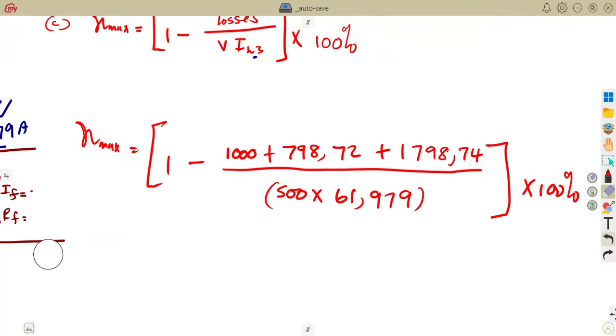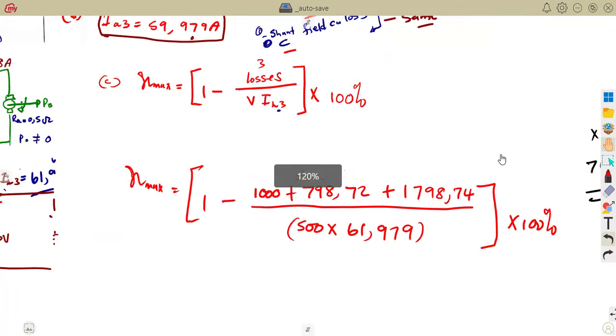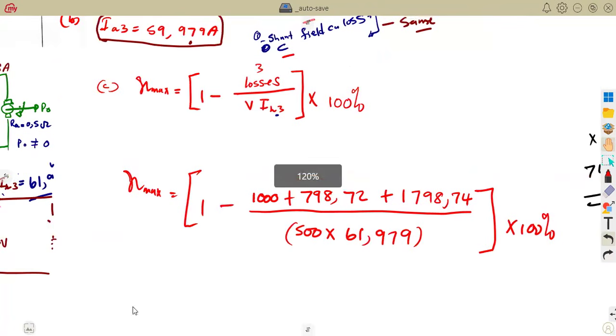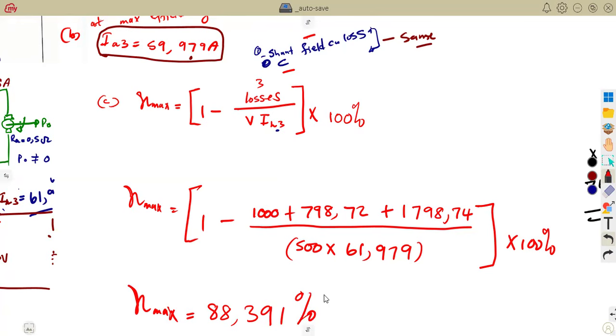That was the idea of the question. So, guys, you just need to understand your formulas and substitutions, and you see that it's just a repetition throughout. So that's it. Our maximum efficiency was going to give us 88.391%.